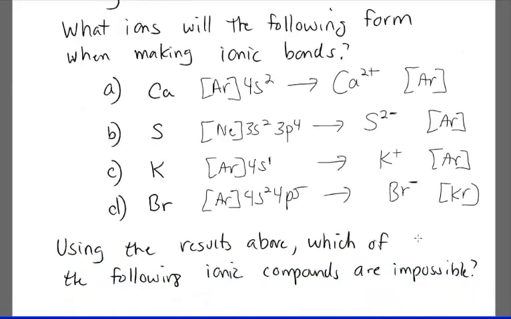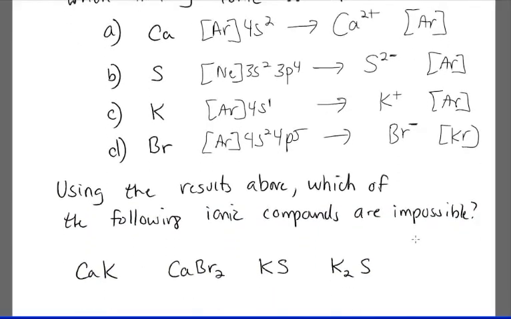All right, now let's use those results to predict which of the following ionic compounds are impossible. Let's look at one at a time. Calcium and potassium. Calcium is 2+, potassium is 1+. That's 2 cations. They are not going to form an ionic bond. They're both positive. So this is not going to form a compound.